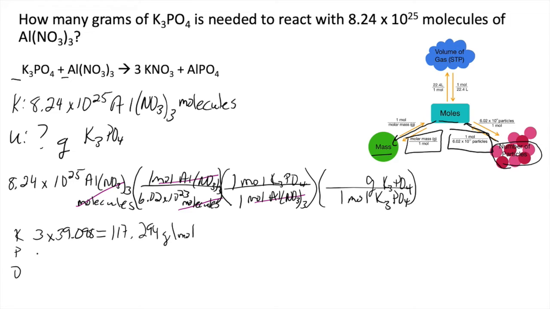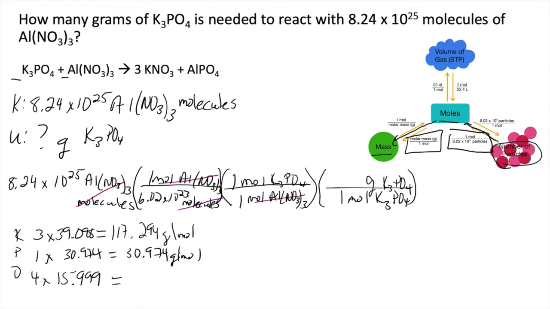For phosphorus, I have 1 phosphorus times 30.974, looking at my periodic table. So that gives me a total mass of phosphorus in potassium phosphate of 30.974 grams per mole. We have 4 oxygens times individual masses of 15.999 according to the periodic table.